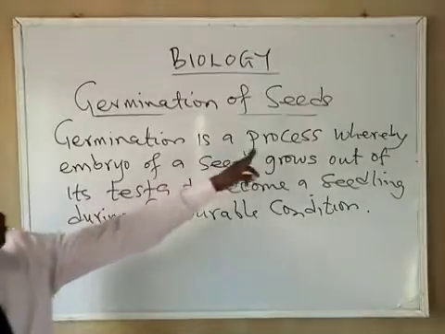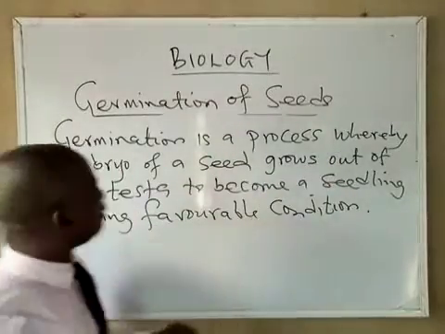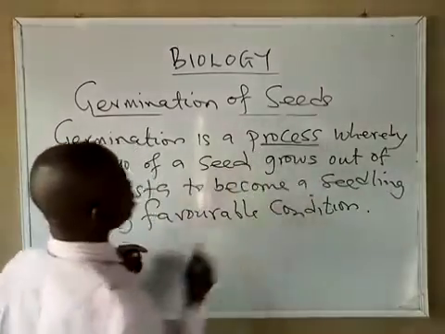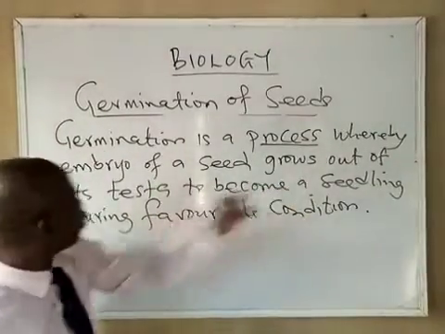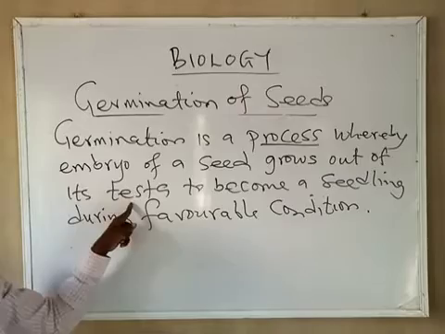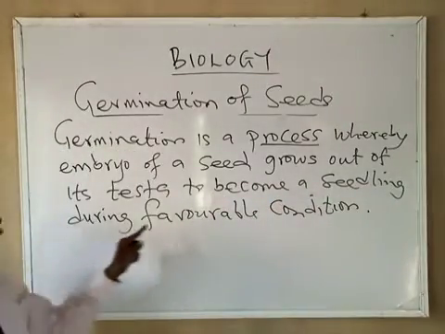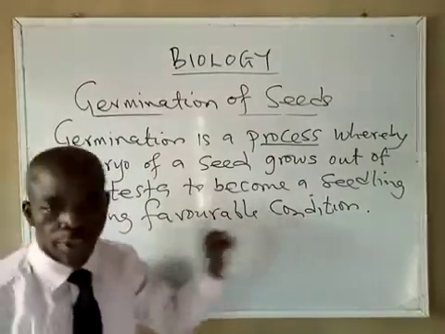So germination is the process whereby the embryo of a seed grows out of its testa to become a seedling during favorable conditions.